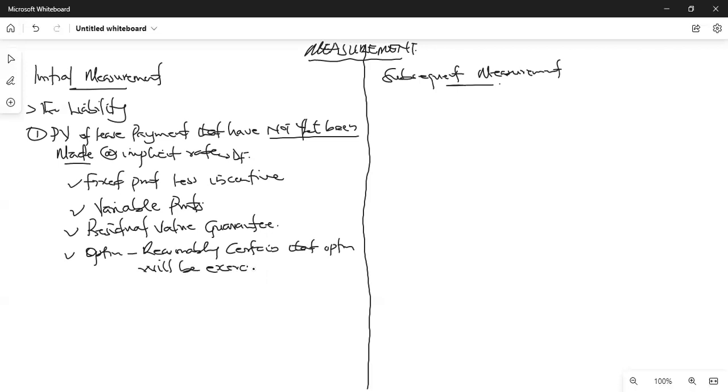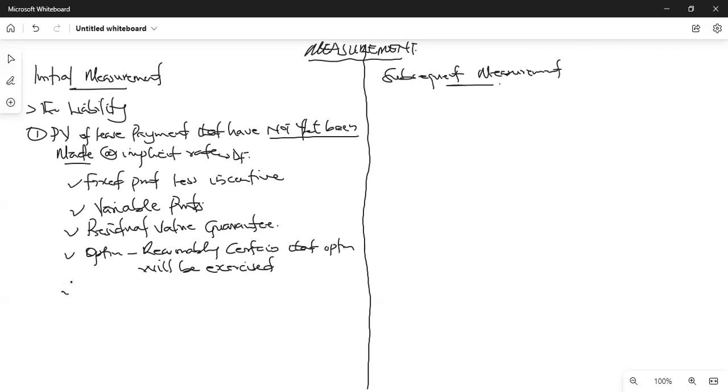So the key here is that sometimes the asset useful life may exceed the lease term for which you are leasing it. Now you may be given an option to extend your lease period. So if it is reasonably certain that you extend it, then you need to PV it in addition.